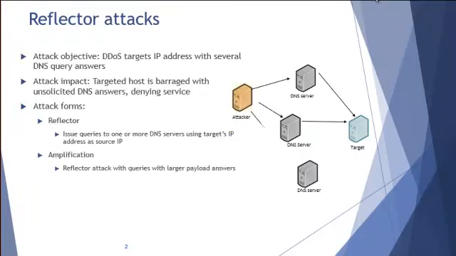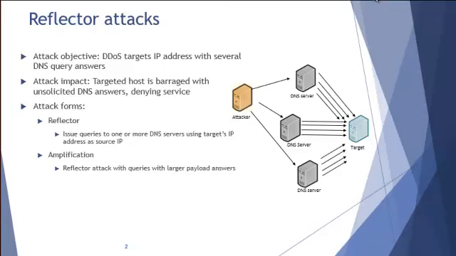The reflector attack basically utilizes a source IP address of a DNS query that is actually the IP address of the target. So in essence, I'm pretending to be the target, asking a question of several DNS servers, perhaps for very large payloads that I know of.